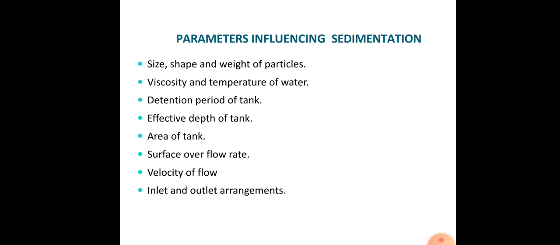Again, the viscosity and temperature of water is another factor. Then comes the detention period of the tank, the effective depth of the tank, the area of the tank, the surface overflow rate, the velocity of flow in the tank, and also the inlet and outlet arrangements. In detail, we will be discussing these various parameters in the next class.